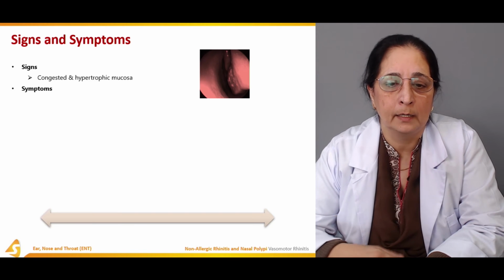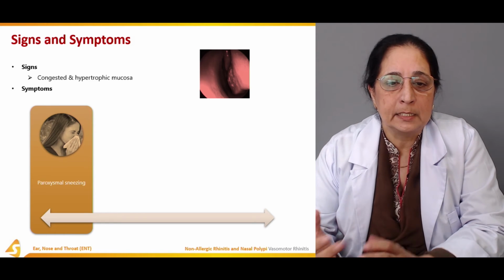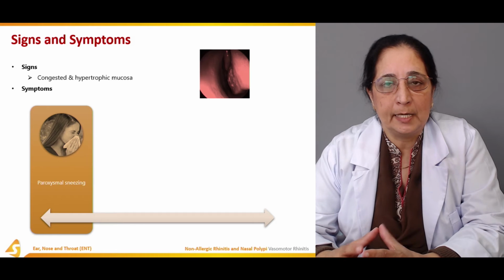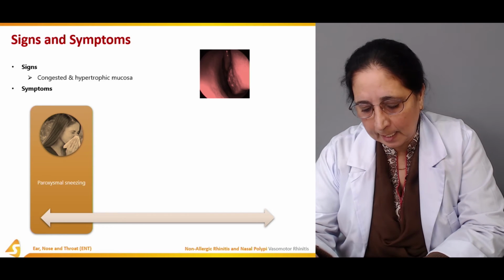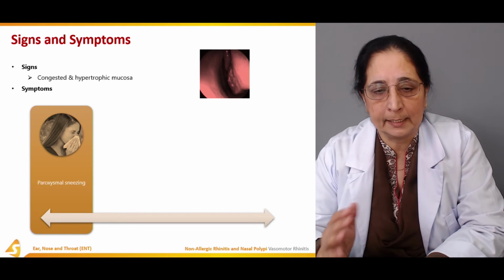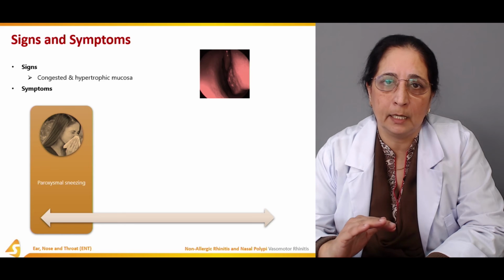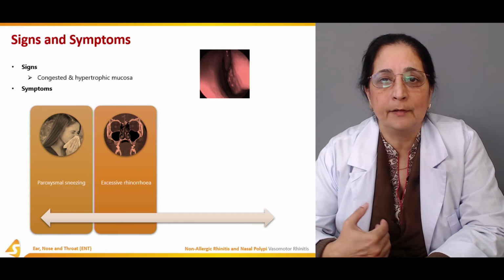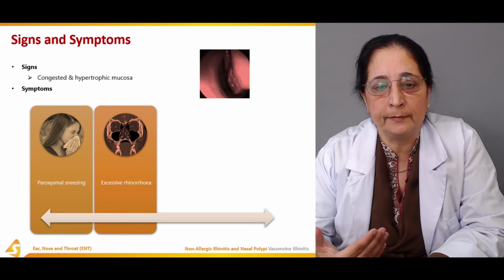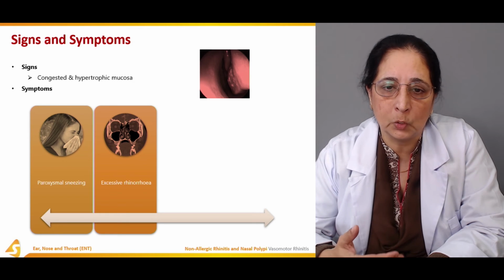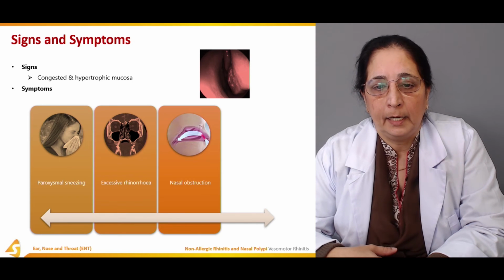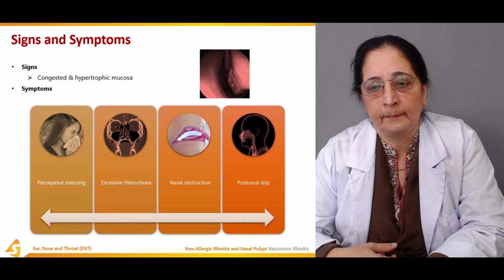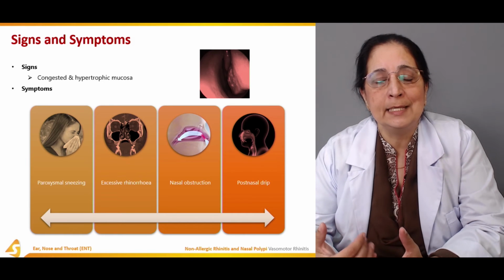Symptoms are paroxysmal sneezing. The patient presents with sneezing, a paroxysmal attack of sneezing. It comes and becomes severe, then goes off. There is rhinorrhea, excessive secretion from the nose, and nasal obstruction. And there is post-nasal drip.